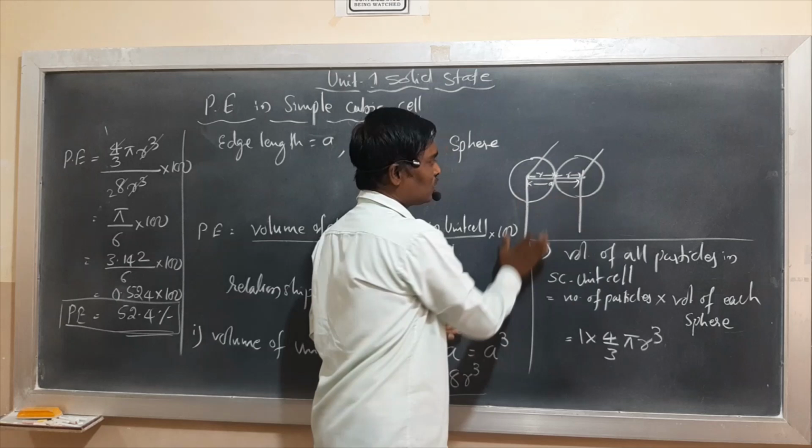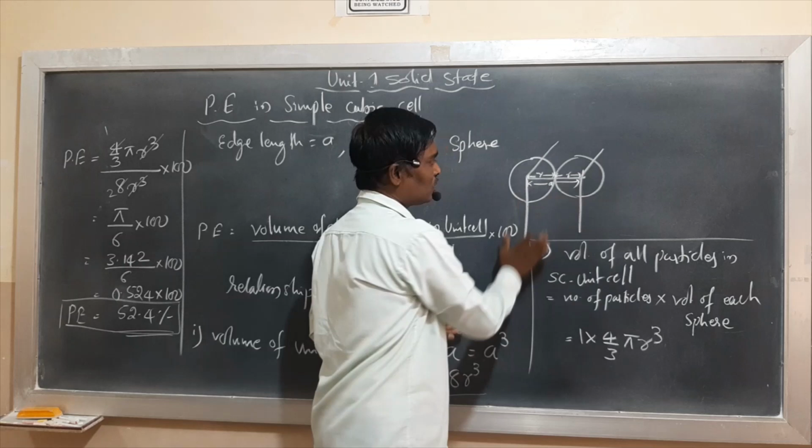So the total number of particles in simple cubic unit cell is already calculated, it is 1, and volume of each sphere is 4 by 3 pi r cube. Now substitute these two values in this above formula. So packing efficiency is equal to 4 by 3 pi r cube numerator divided by 8r cube.